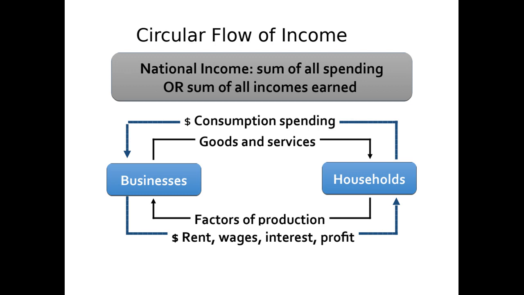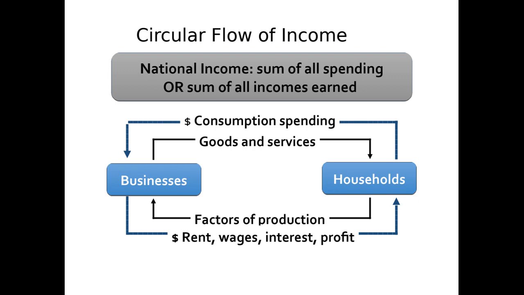National income, that is the total income, is the sum of all spending or sum of all incomes earned. So if I want to find out the value of these goods and services in this economy, which is a very simplified economy, I can calculate in two ways.